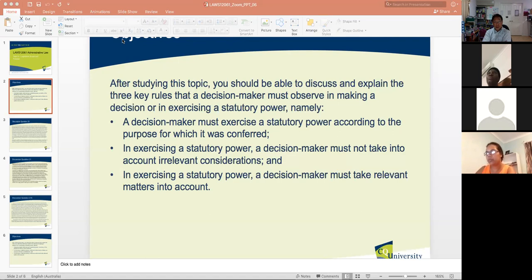And there was an assertion that he was not exercising his discretion according to the law.